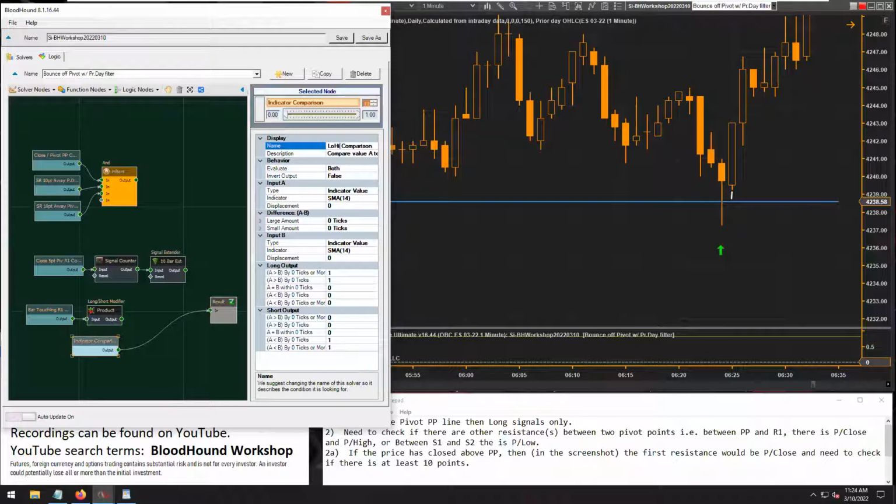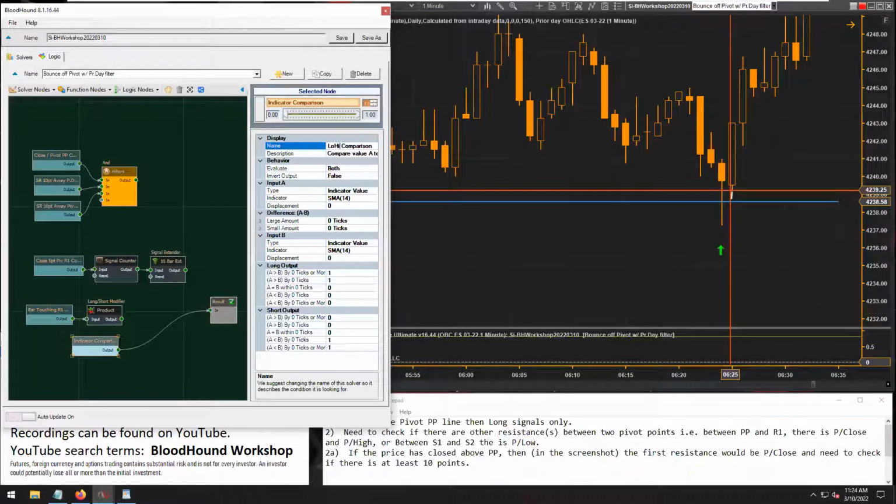That way we can minimize the number of solvers. So now the decision is, how close does price need to get to your support line to be considered a bounce, to be considered getting close enough for that to be considered a bounce.